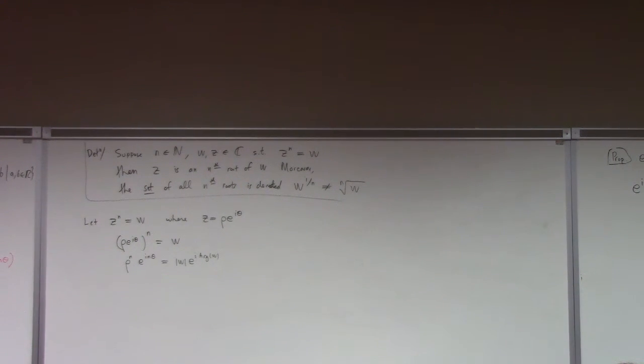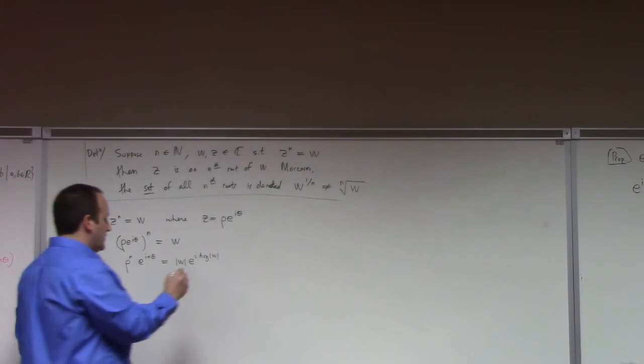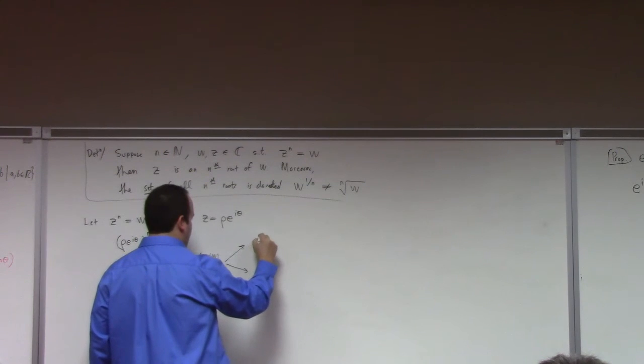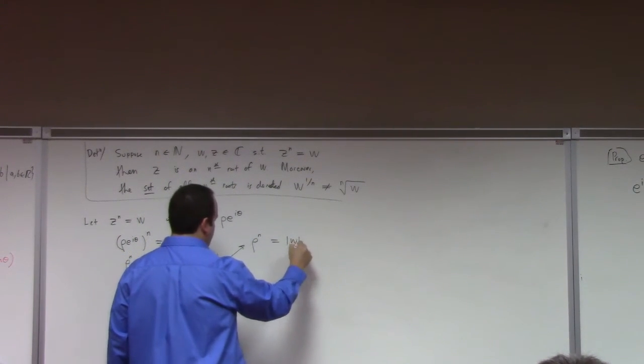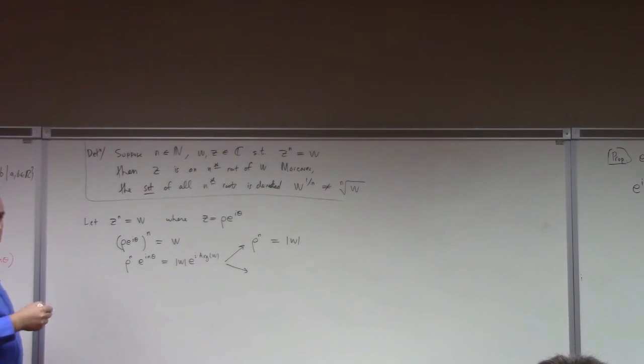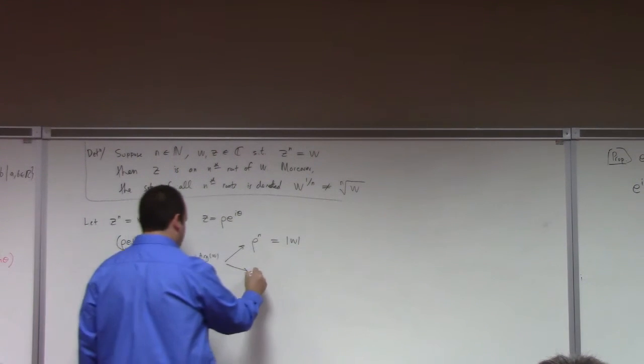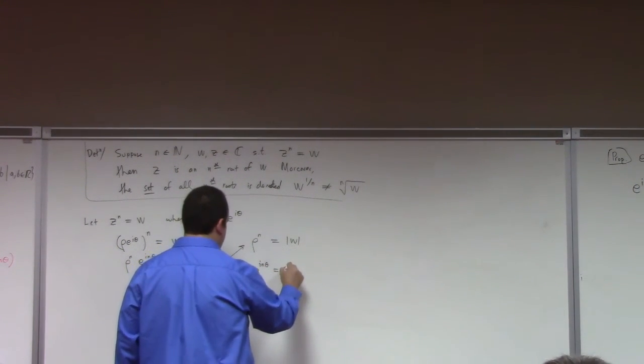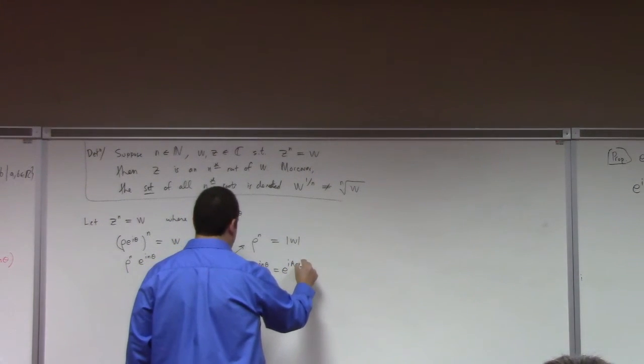The magnitude, well, is the modulus. So the moduli have to match and the directions have to match, right? So this actually gives us two equations. We have, on the one hand, rho to the n is equal to the modulus of w. And on the other hand, we have the more subtle equation, e to the i n theta is equal to e to the i capital Arg of w.